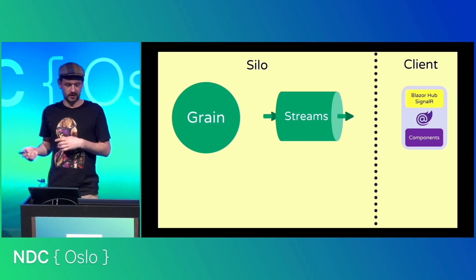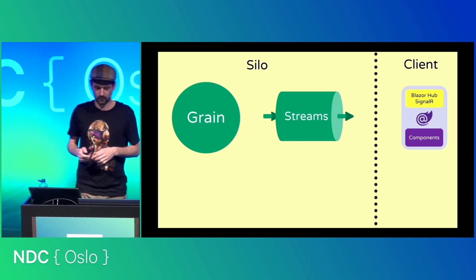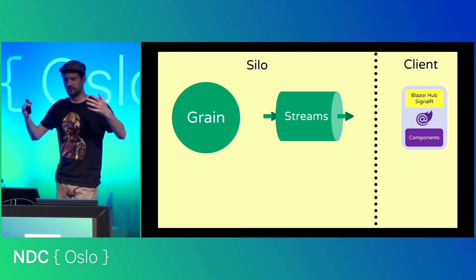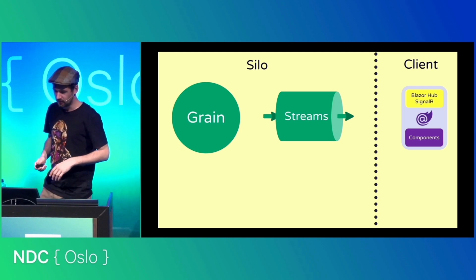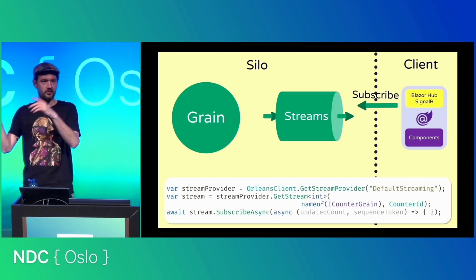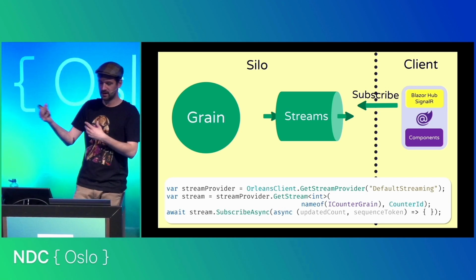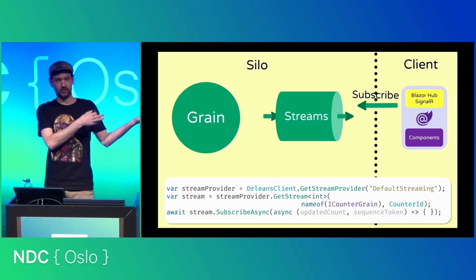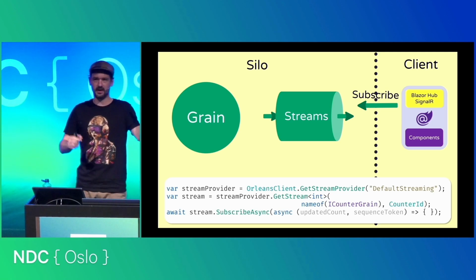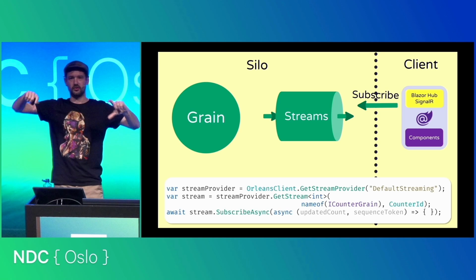On the other side, we've got streams. And with streams, it's more the sophisticated solution, where the client will subscribe to the stream. It will say, oh, can I get this stream provider with a name? I want this stream with a namespace and an ID, and I want to subscribe to it.